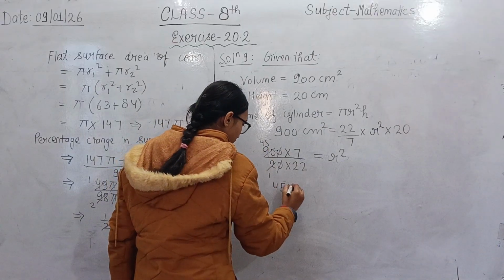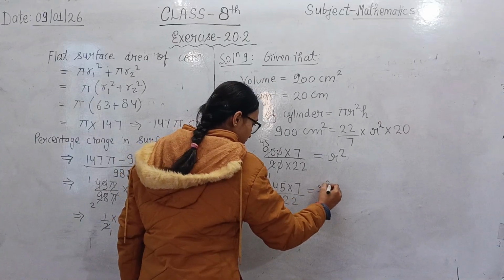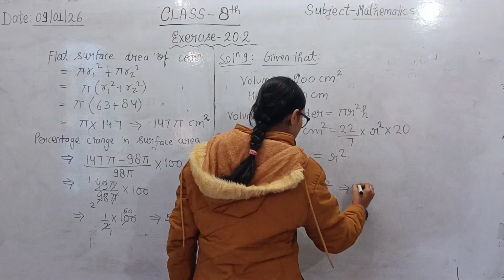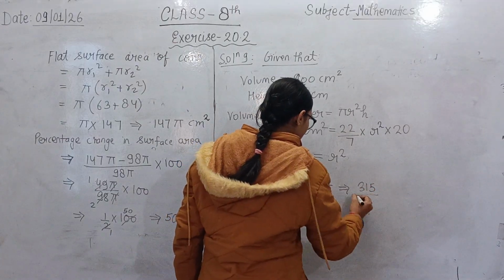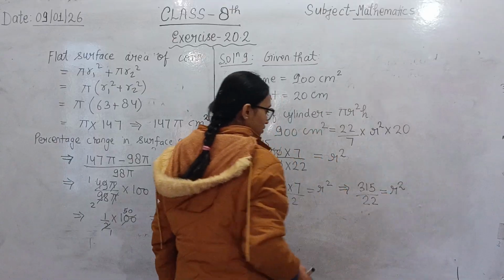So 45 multiplied by 7 upon 22 is equals to R square. On multiplying this, we will get 315 upon 22 equal to R square.